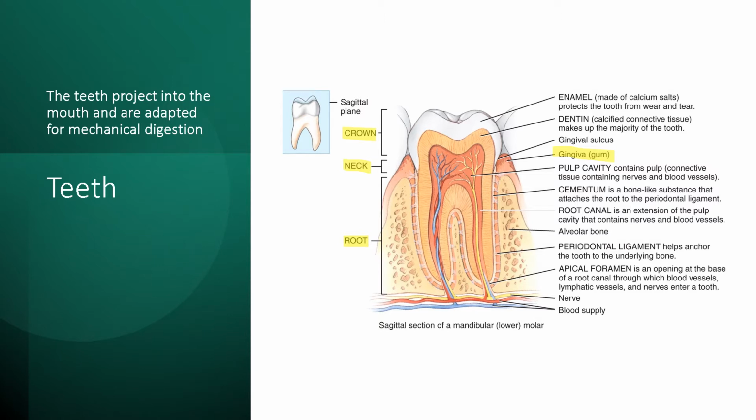Now a couple different parts of a tooth. We have dentin. So this forms the majority of the tooth, and it's calcified connective tissue here, and essentially dentin is going to give the tooth its basic shape and rigidity.